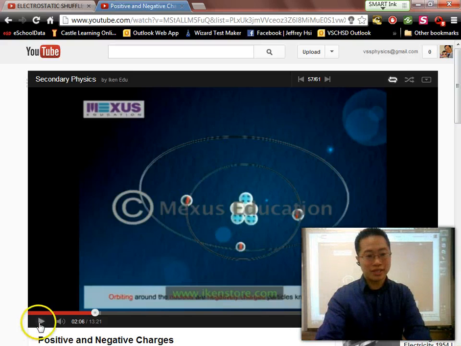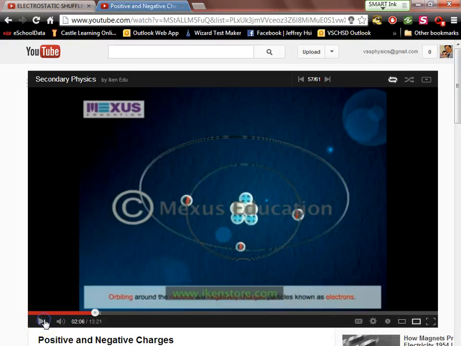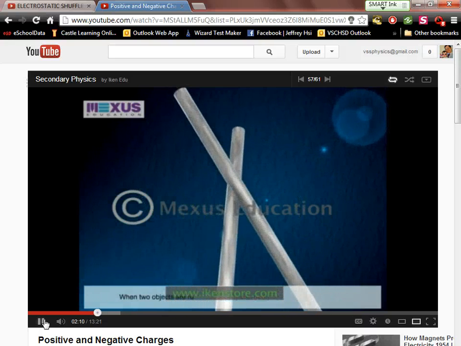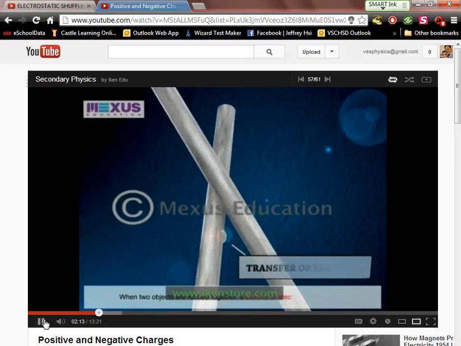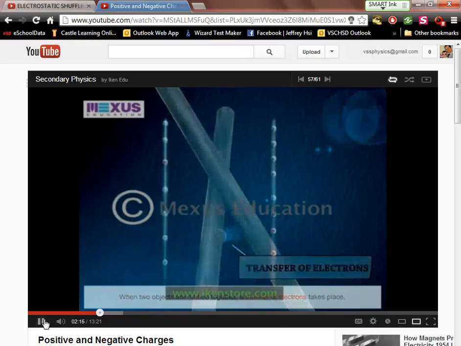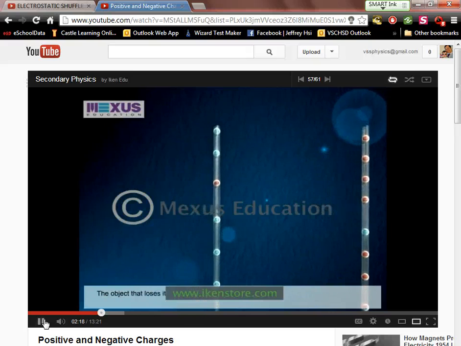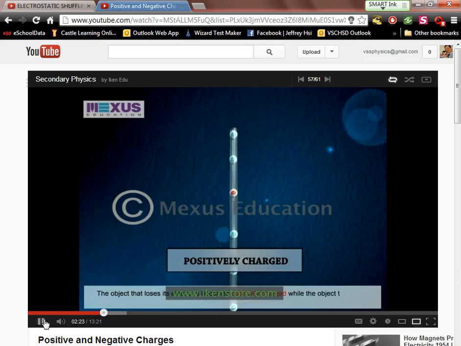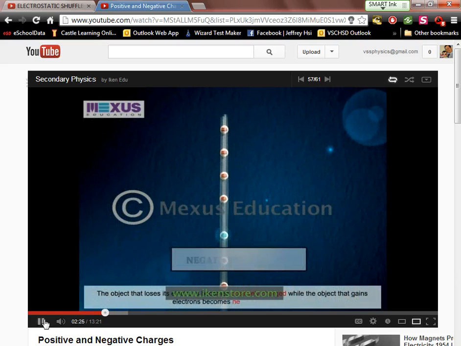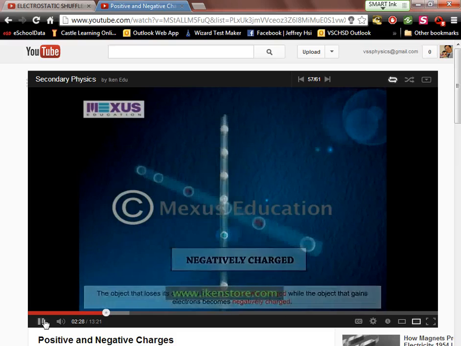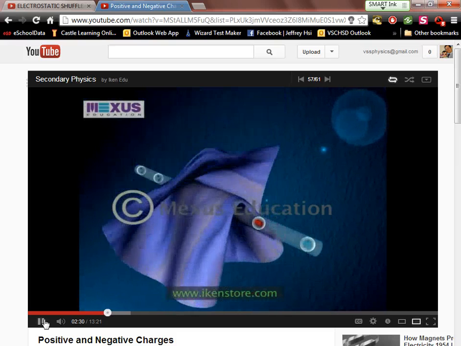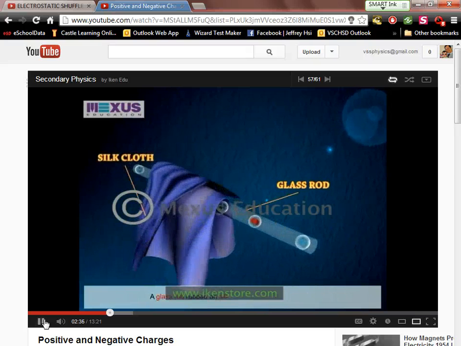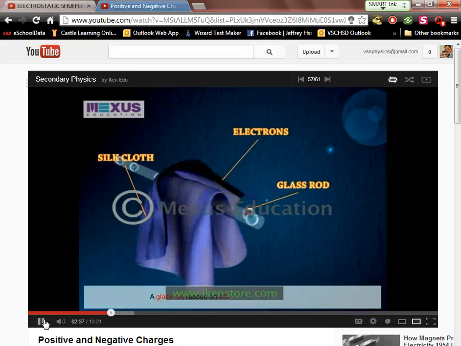So if you take a quick look at this demonstration over here. When two objects are rubbed together, a transfer of electrons takes place. The object that loses its electrons becomes positively charged, while the object that gains electrons becomes negatively charged. On the basis of what we have seen, when a glass rod is rubbed on a silk cloth, a transfer of electrons takes place.